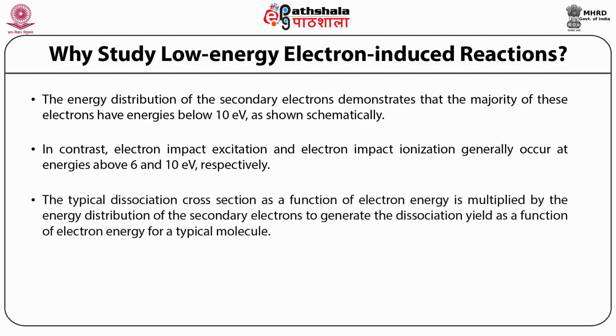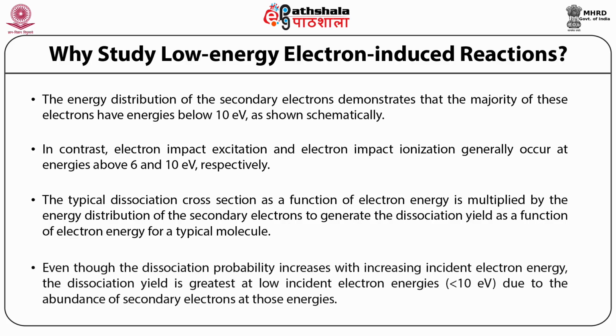The typical dissociation cross section as a function of electron energy is multiplied by the energy distribution of the secondary electrons to generate the dissociation yield as a function of electron energy for a typical molecule.